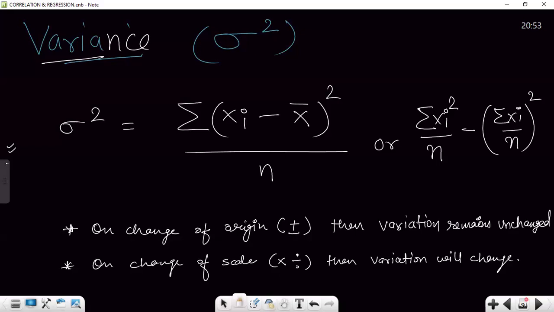Yes or no? Come on, please. Read on the slide. Does the variance depend on a change of origin or not? It remains unchanged. Yes, it remains unchanged.